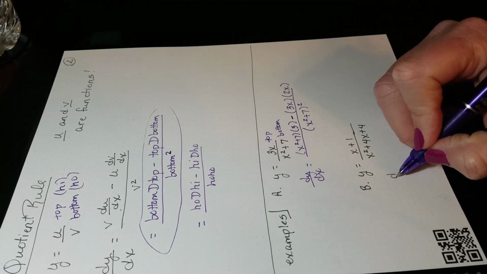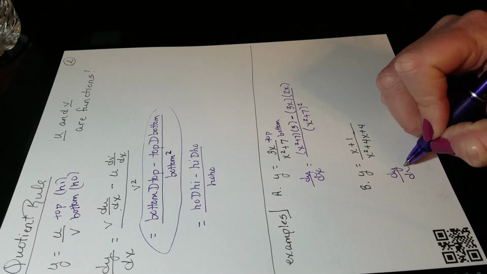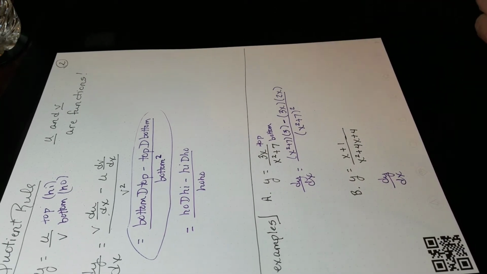All right, my second example, another rational equation. y equals x plus 1 over x squared plus 4x plus 4. There is no way to do this except to use the quotient rule. So again, you cannot take the derivative of the top, derivative of the bottom. It doesn't work that way.